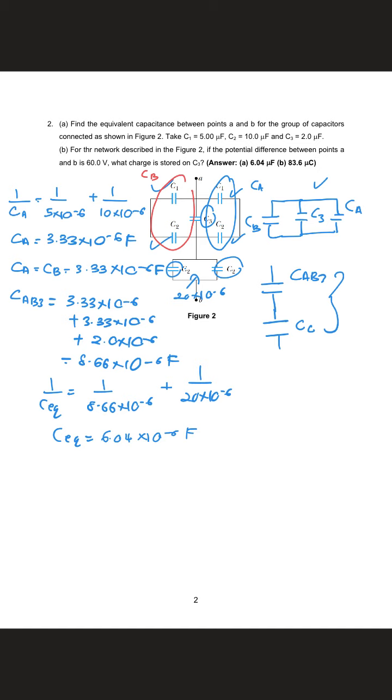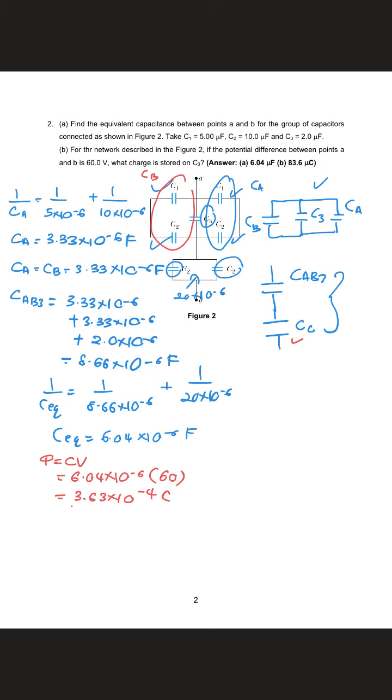To open it, you find the charge first using Q equals CV: 6.04 × 10^-6 times a voltage of 60 volt, which gives 3.63 × 10^-4 coulomb.